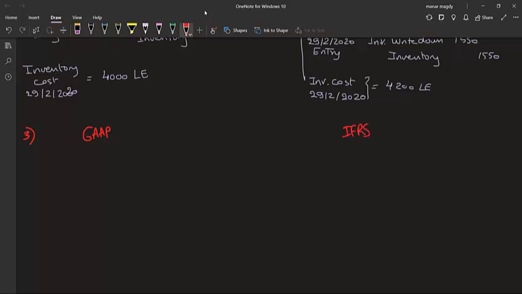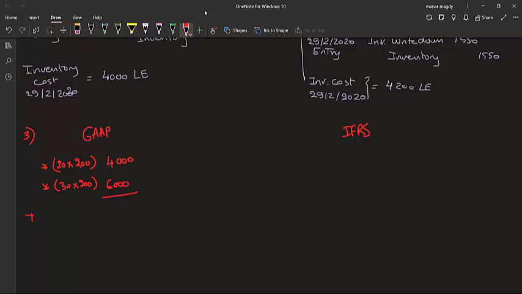If the market value was 20 LE per unit and the total number of ending inventory was 200, it was 4,000 LE, and then it increased to 30 LE per unit, and there are 200 units, so the total amount would be 6,000.